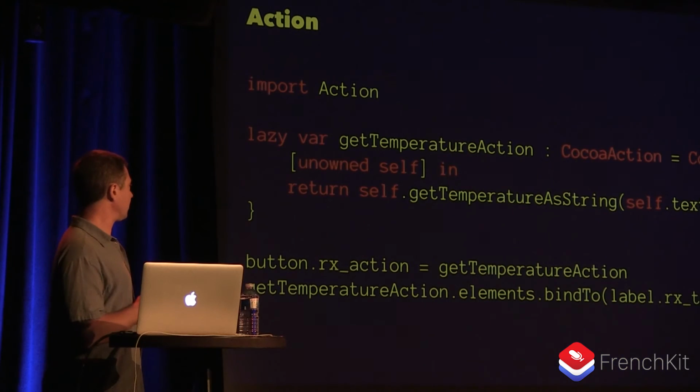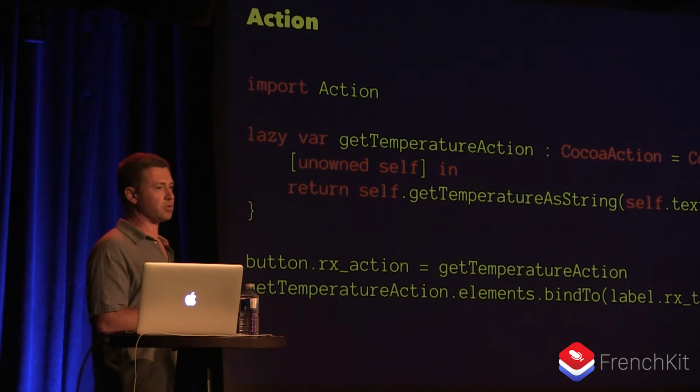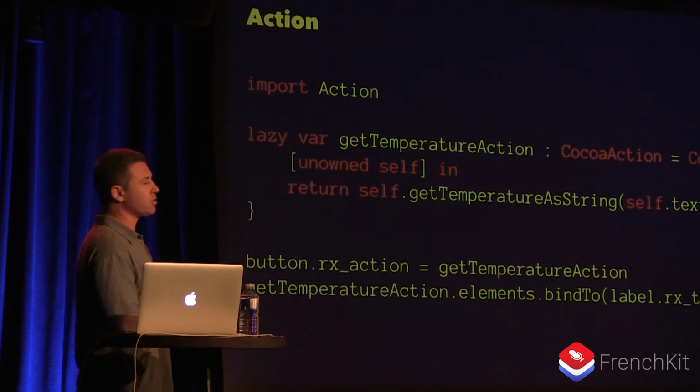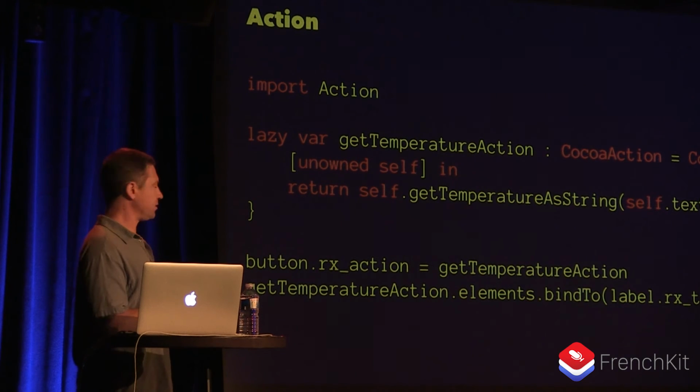And the way it works is with observables. An action returns an observable. So when you execute the action, you return an observable, and as long as this observable doesn't complete, the action is locked.